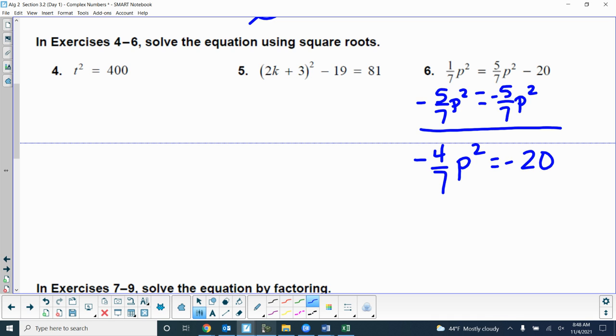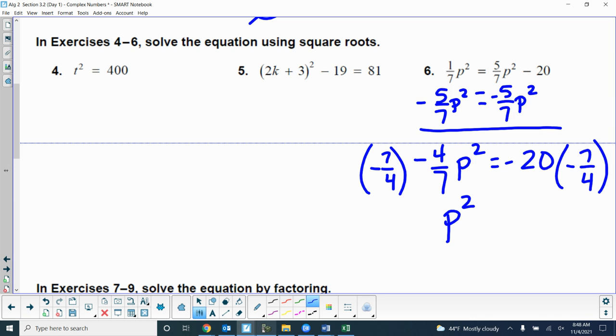Okay? This means negative 4/7 times p squared. So if I'm multiplying something and I want to move it over, I should divide. But what do we do when we divide by a fraction? Multiply by the reciprocal. That's easier, right? The 4's cancel, the 7's cancel, two negatives make it a positive.